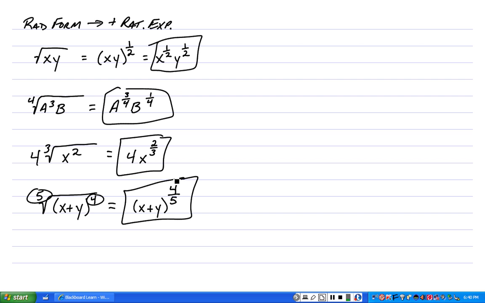Now, if we're looking to simplify some problems, we can look at a couple. Let's say we had 3x to the 1/2 times 4x to the 2/3. We want to simplify these.